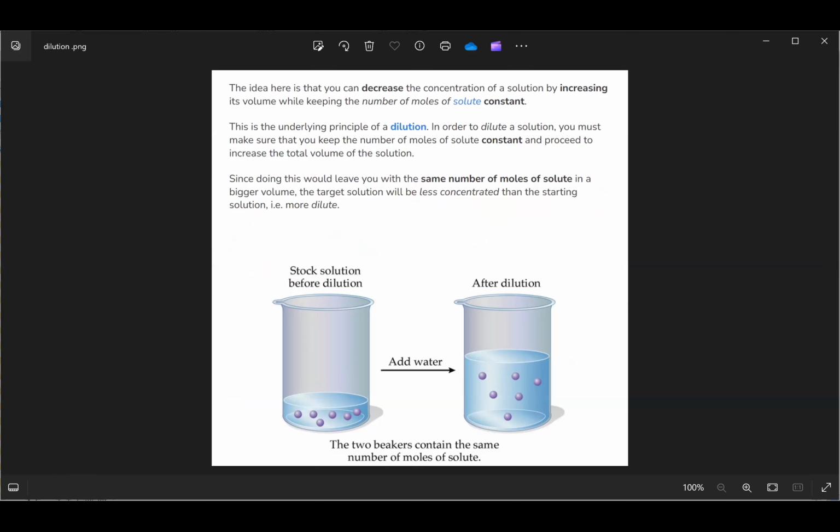What would be the concentration? First of all, I have to know what he is asking me about. Please focus. Is he asking me about concentration or about volume?